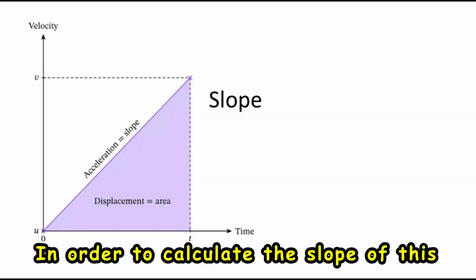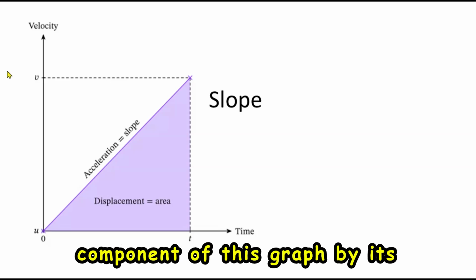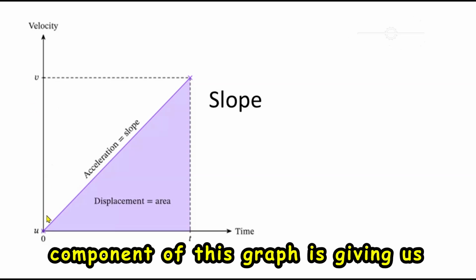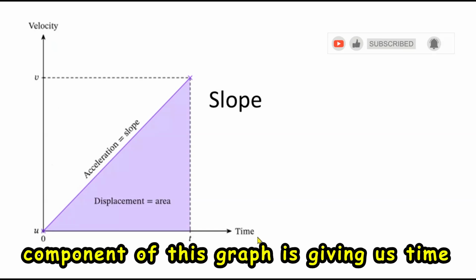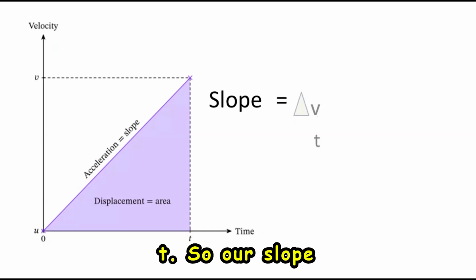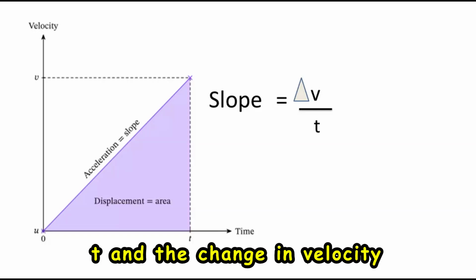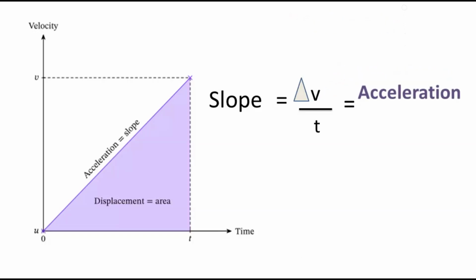In order to calculate the slope of this graph, we have to divide the vertical component of this graph by its horizontal component. The vertical component of this graph is giving us velocity, whereas the horizontal component of this graph is giving us time t. So our slope becomes velocity divided by time t, and the change in velocity divided by time t is known as acceleration.